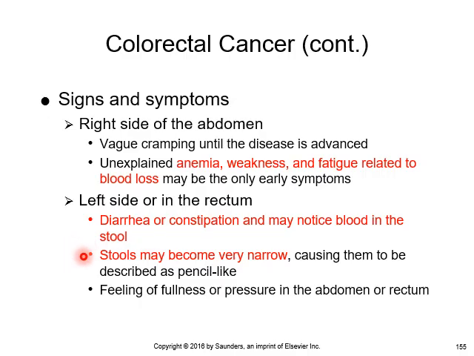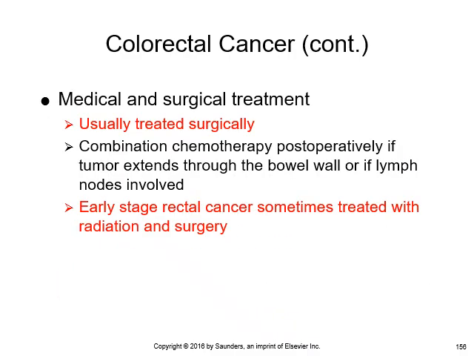Stools may become very narrow, described as pencil-like. And then there's a feeling of fullness or pressure in the abdomen or rectum. To correct, we will usually treat surgically, or with a combination of chemotherapy, surgery, and radiation.